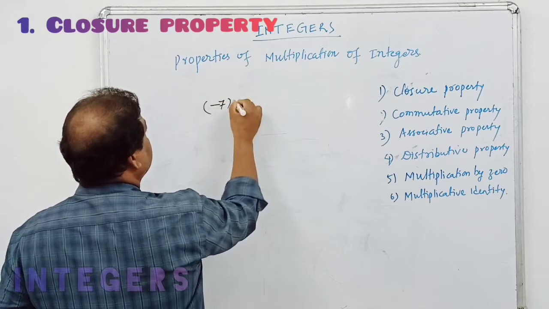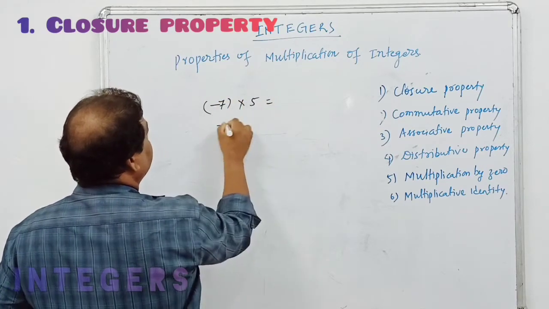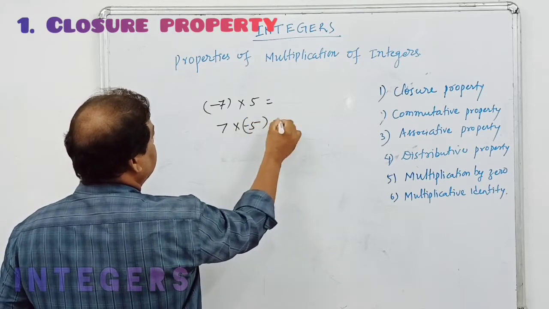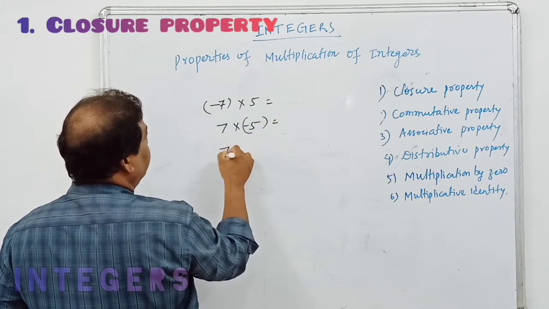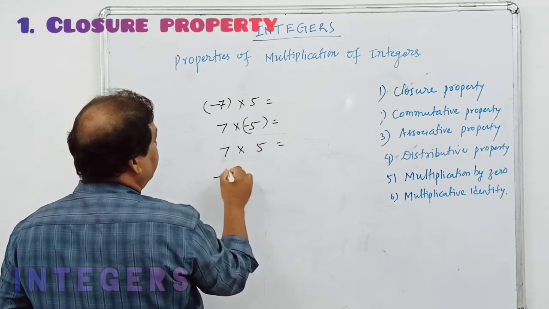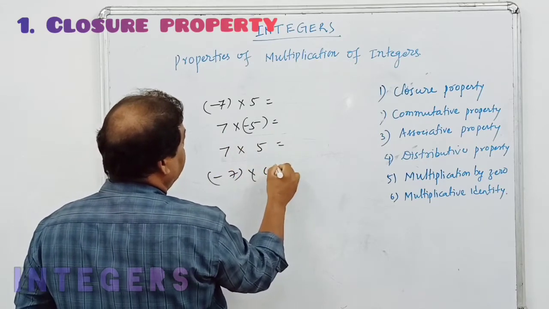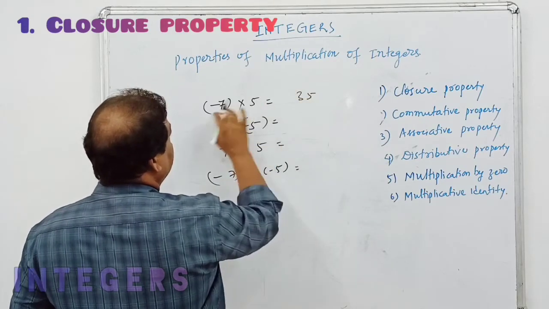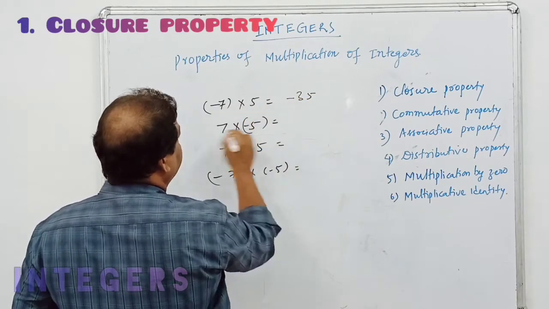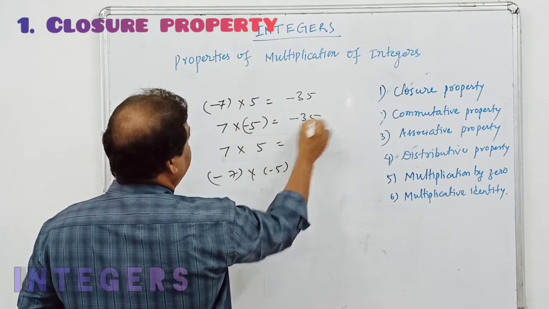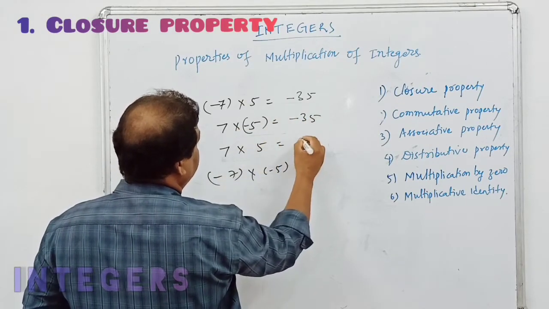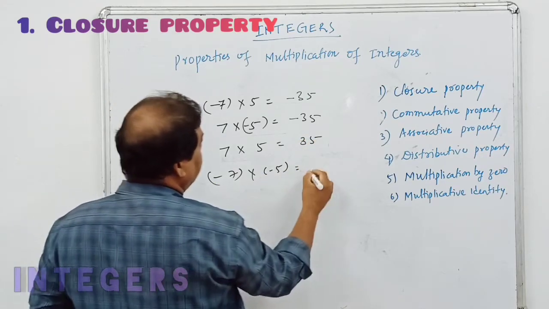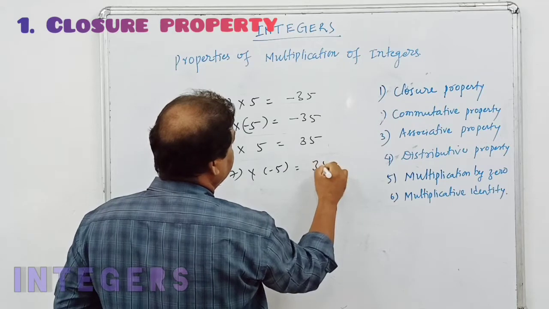Minus 7, then 5: 7 into 5, 7 into minus 5, then minus 7 into 5, then minus 7 into minus 5. See? 7 fives are 35. Minus into plus gives minus, so minus 35. Minus into minus gives plus, positive sign, so 7 fives are 35.